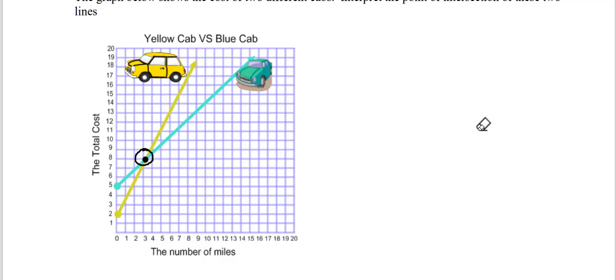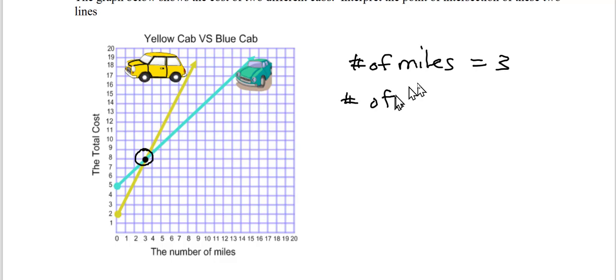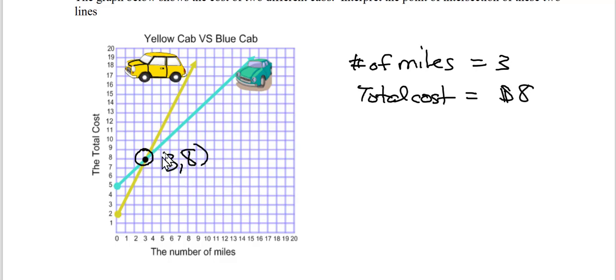What I want to know is it appears that point of intersection is when the number of miles equals 3 and the total cost is $8. It kind of appears that ordered pair is 3, 8, right? That's not really interpreting the point of intersection, though.